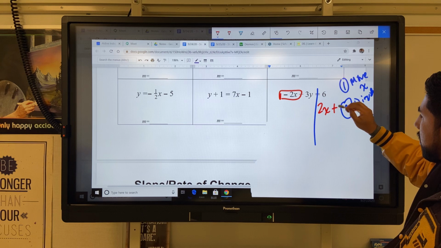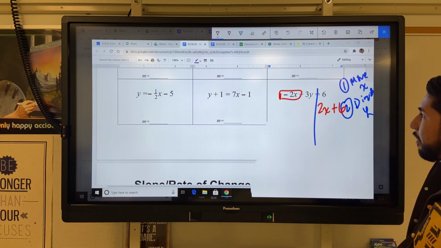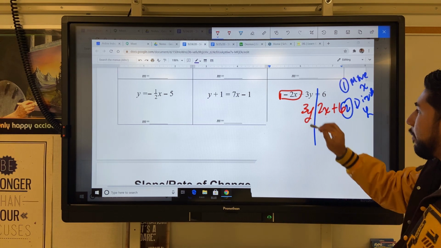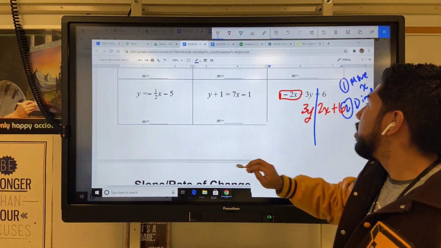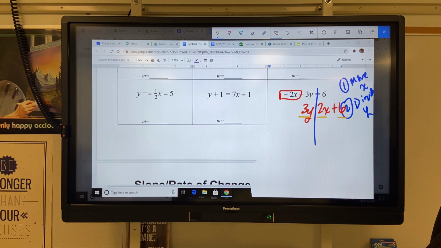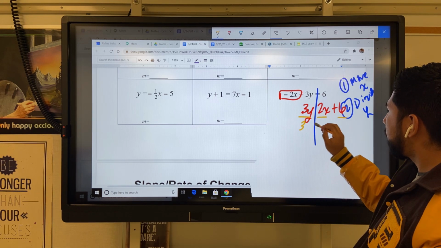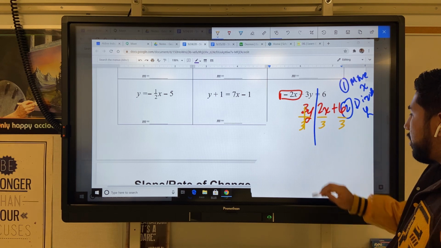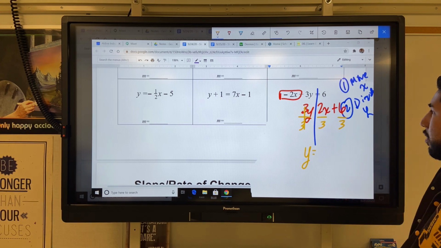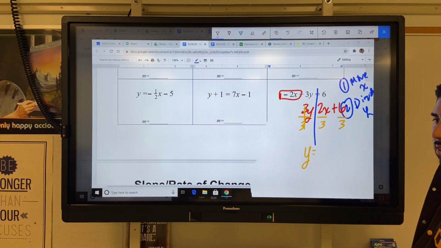Then we got the plus 6 because it's positive. Bring down the 3y. What do I do next? Divide by y. Who am I dividing by? 3. 3 divided by 3 is just 1. That gives me my y equals 2 divided by 3.